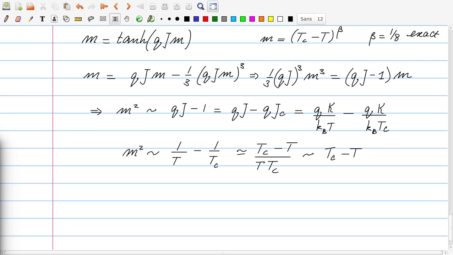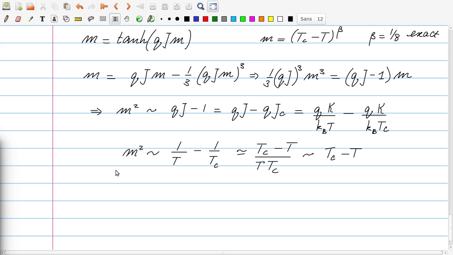And that is equal to Tc minus T over T times Tc, and so therefore this is essentially proportional to Tc minus T. Now you may be wondering what I mean by essentially proportional. Well, m squared is going to 0, and indeed when T approaches Tc, this numerator vanishes, and the denominator is Tc times Tc and a little bit, and therefore we don't really care about the denominator, because we are only interested in with which power m is going to 0.